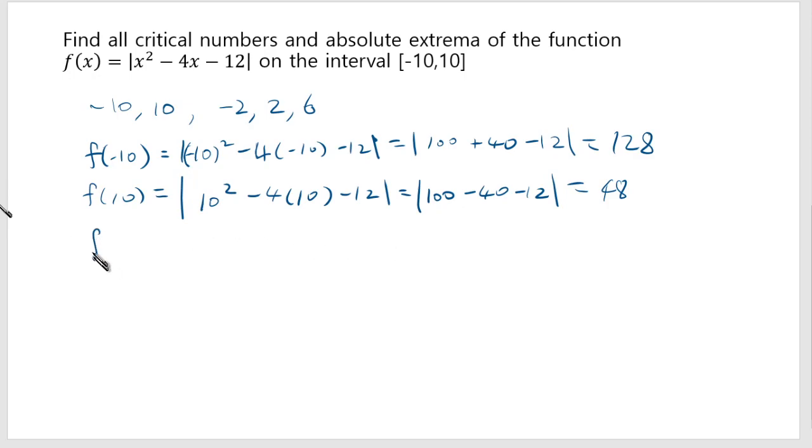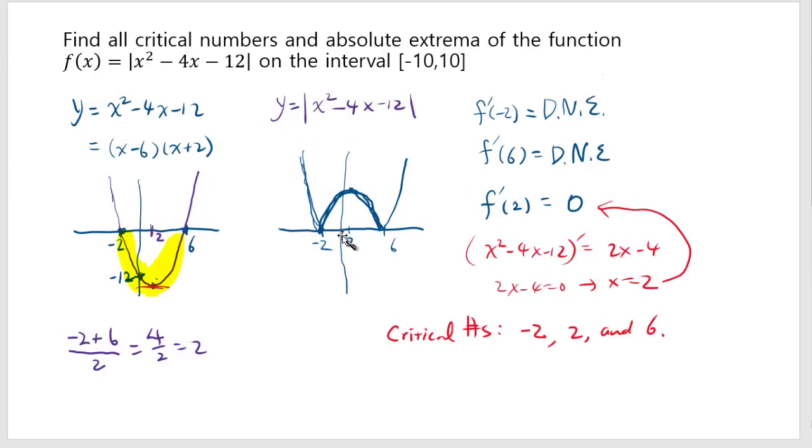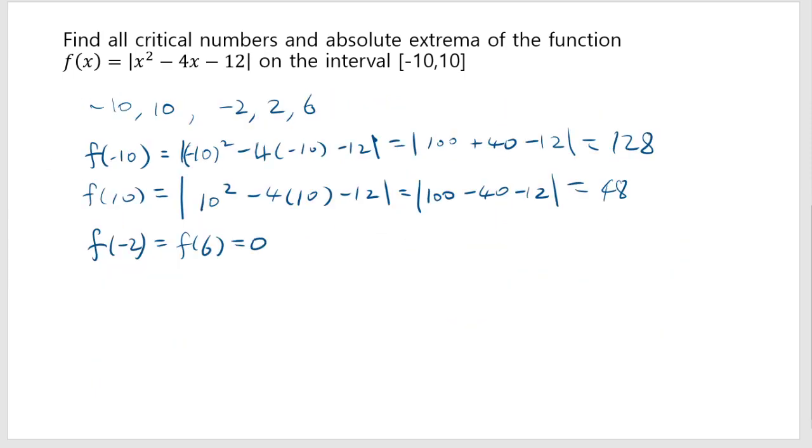And now let's evaluate f at the critical numbers. We already know that f of -2 and f of 6 will give you 0, because that was the 0 in the graph, right? So if we go back to our previous picture here, it has 0 in the graph. Or you can choose to actually calculate the value at -2. You're going to find that it's going to give you 0.